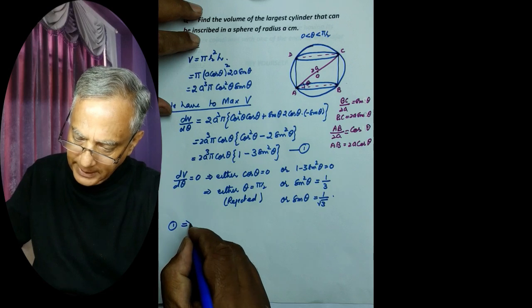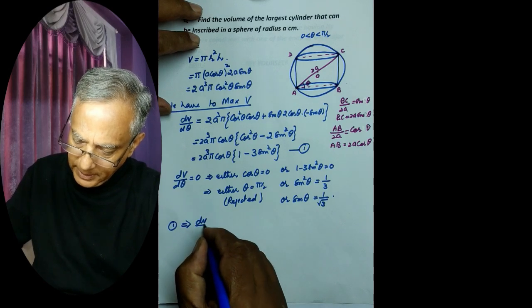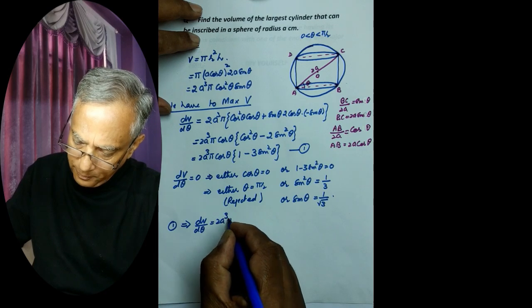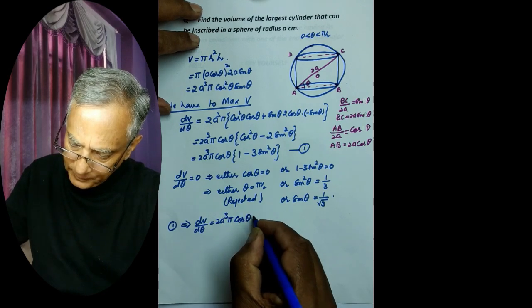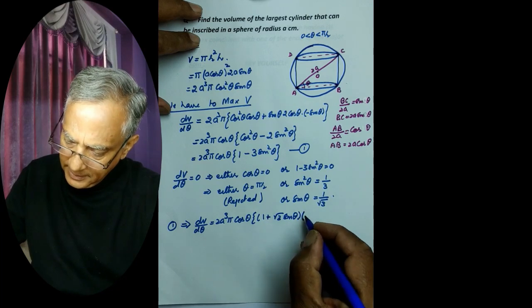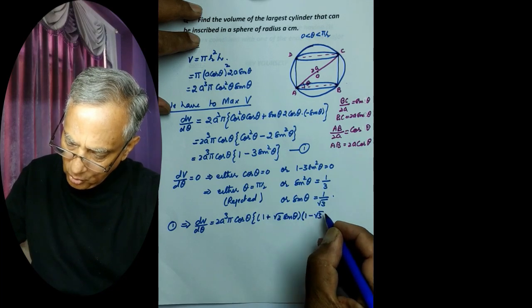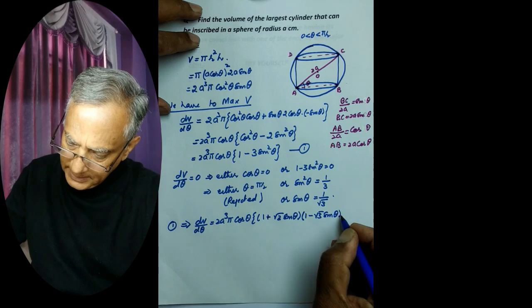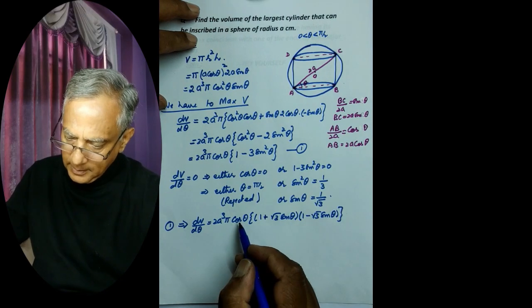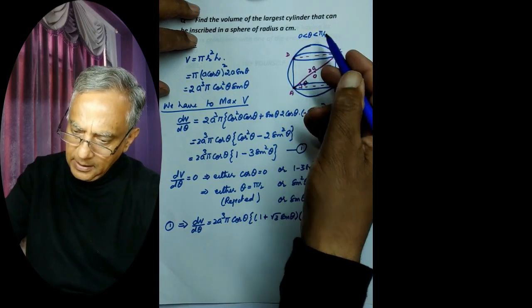dV by d theta can also be written as 2a cube pi cos theta into (1 plus root 3 sine theta) into (1 minus root 3 sine theta). Now theta lies in the first quadrant.